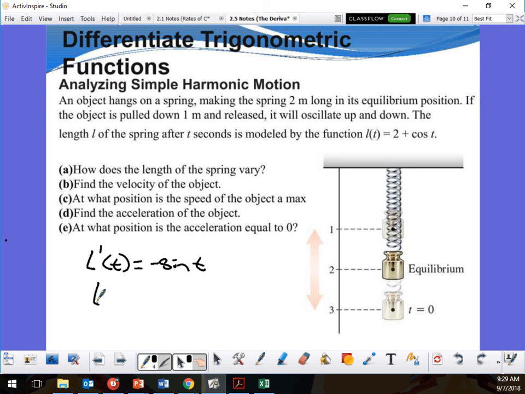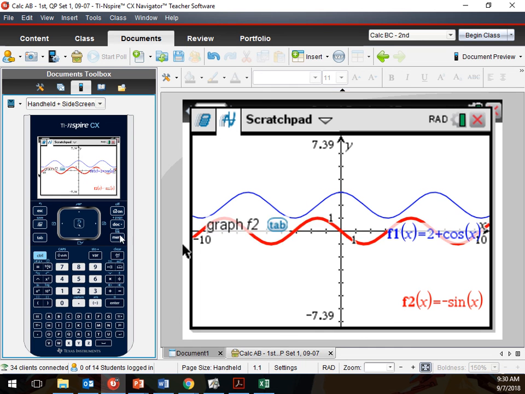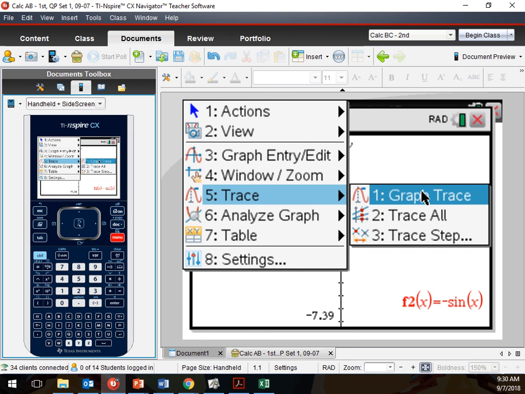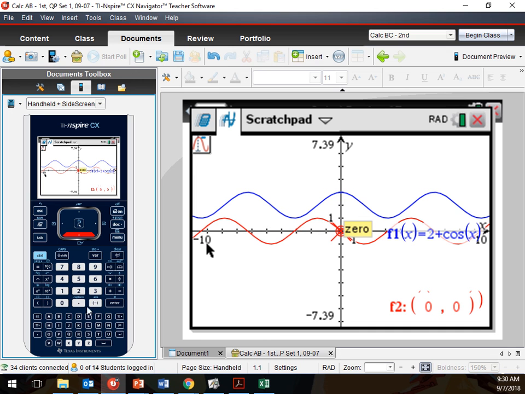So L prime of 2 is going to be equal to negative sine at 2. What does the calculator say? Menu, trace, graph, I want this one, and type in 2.